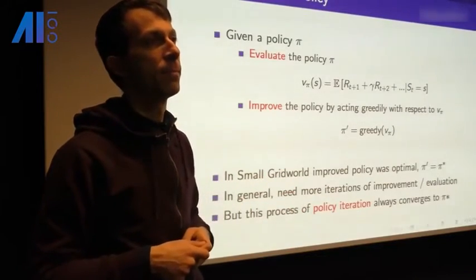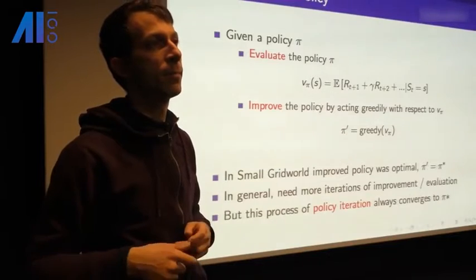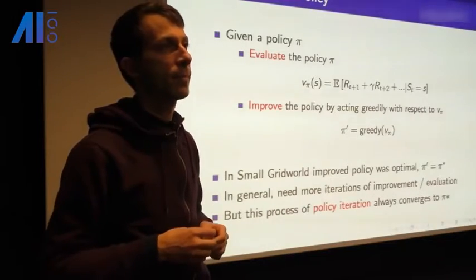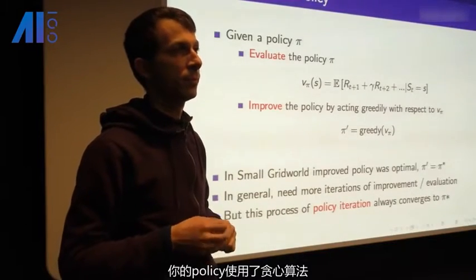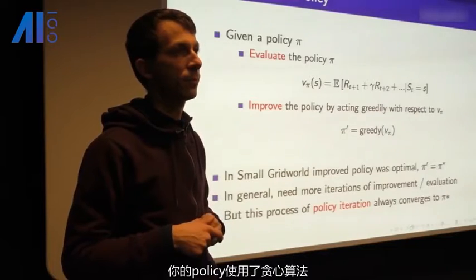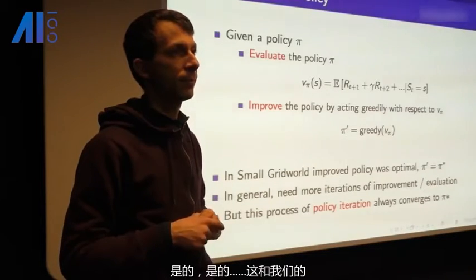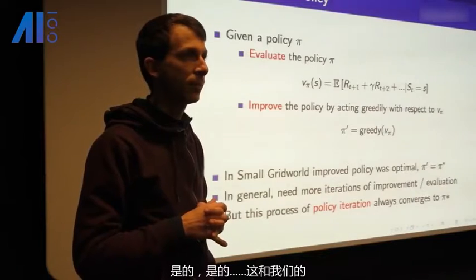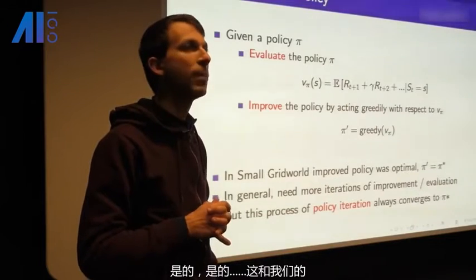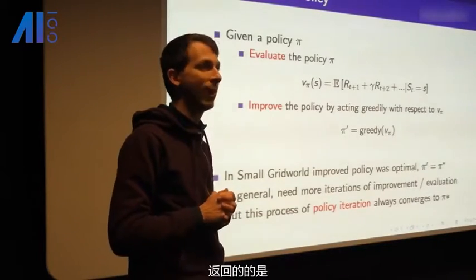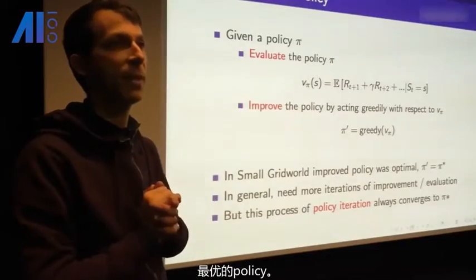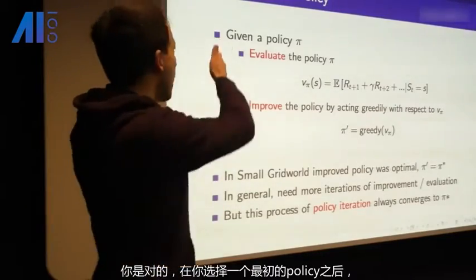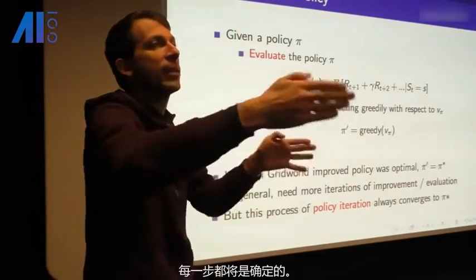When you do the improvement step, your policy is greedy on the evaluation, so it's deterministic. The next evaluation will be the same? No, it'll be a different deterministic policy at the next step until you converge on an optimal deterministic policy. But you're right that after your initial policy, every other step will be deterministic.